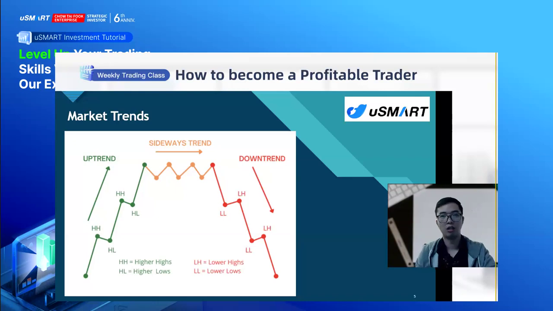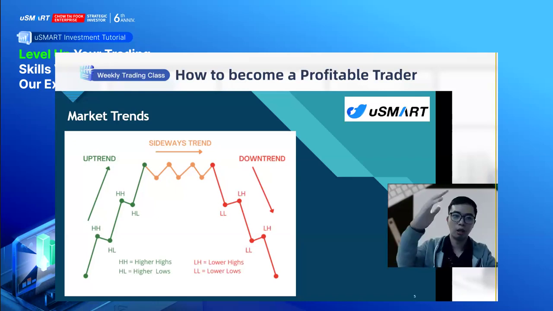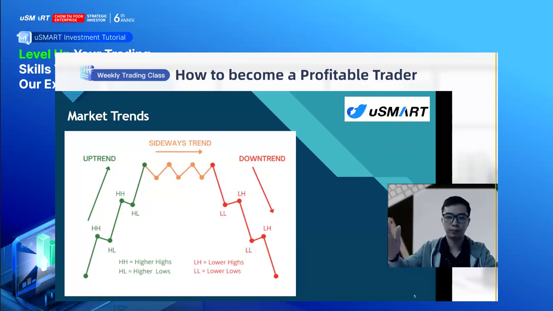By connecting all these highs and all these lows, we will likely know the trend of the market. So we will plot a trend line on these stock prices. We plot the high and we plot the low. I will show you examples in the coming slide, so no worries, and let us continue.